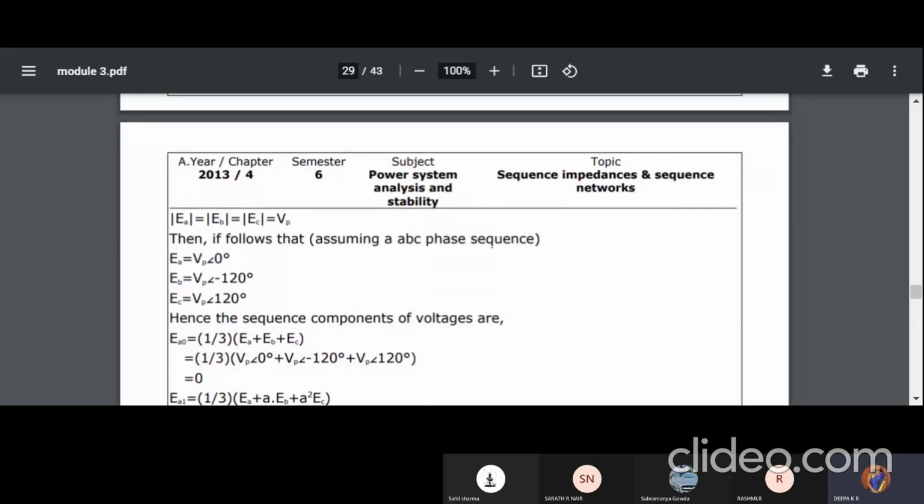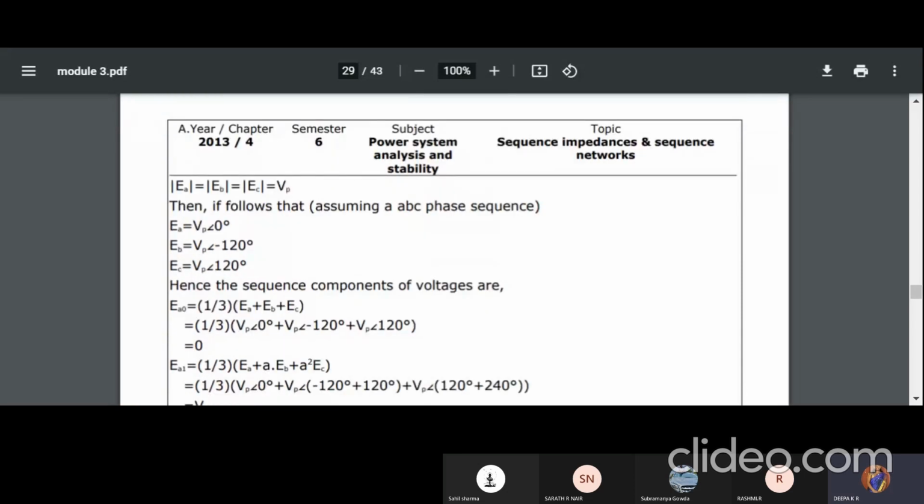Okay, guys, you try the same for the second one, the positive sequence. Copy down these values and try to get me what the answer is.